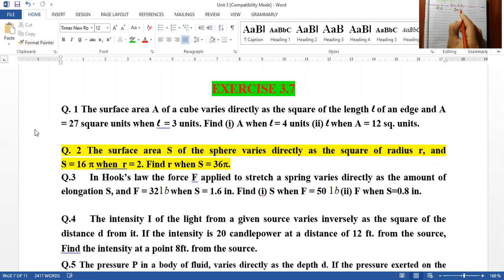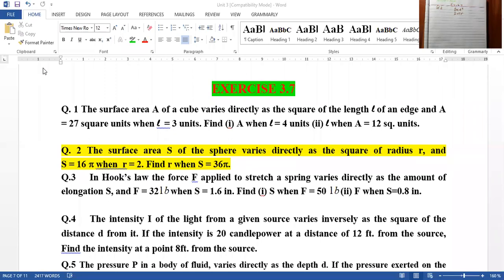And you will simply write K times R square, and the given pair of values is written that we will substitute. You will substitute the given pair of values in it, and then we will solve it.